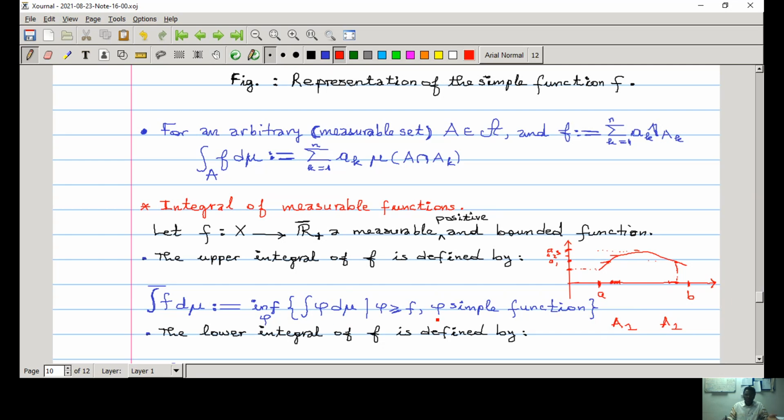So we do that for all possible simple functions that are greater than or equal to f, and we take the minimum of all those. That will give us the upper integral. Right? So for the lower integral, we do the same thing.